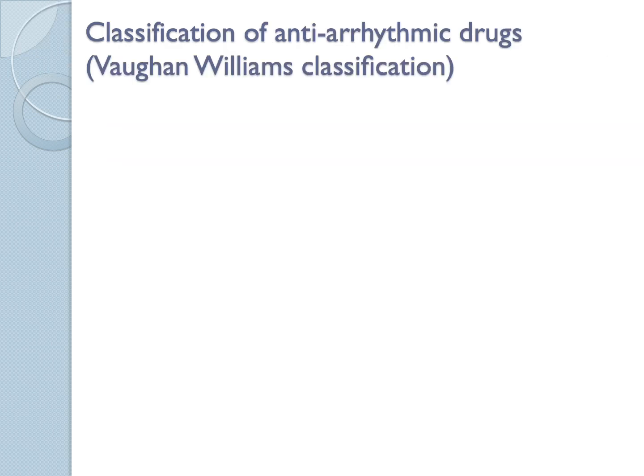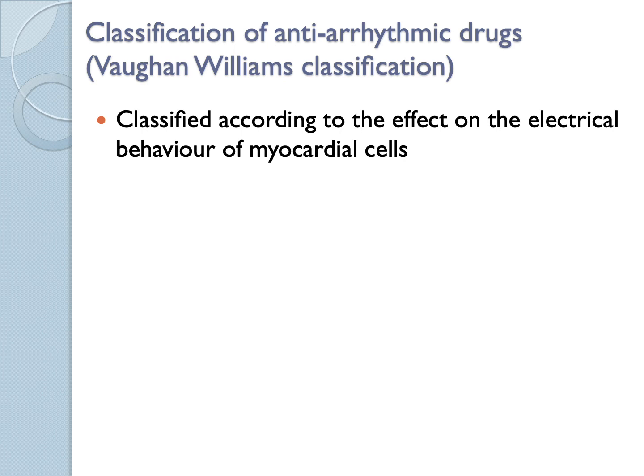For this slide, we'll look through the different classes or families of anti-arrhythmic drugs. But this is a very rough categorization, because it's mainly based on the effect on electrical behavior, the effects on the ECG, or the plateau pattern that we talked about in the previous class.